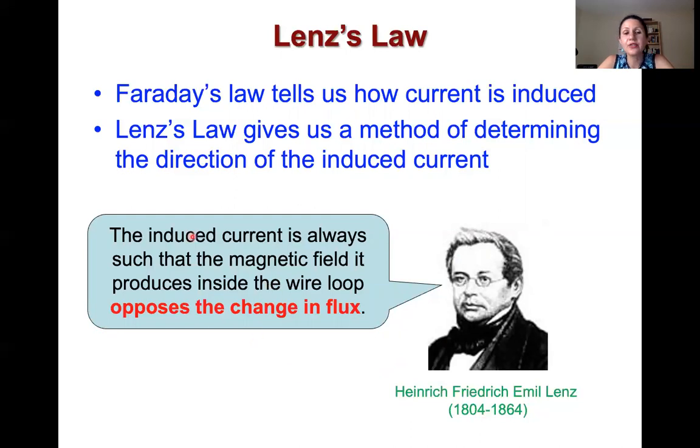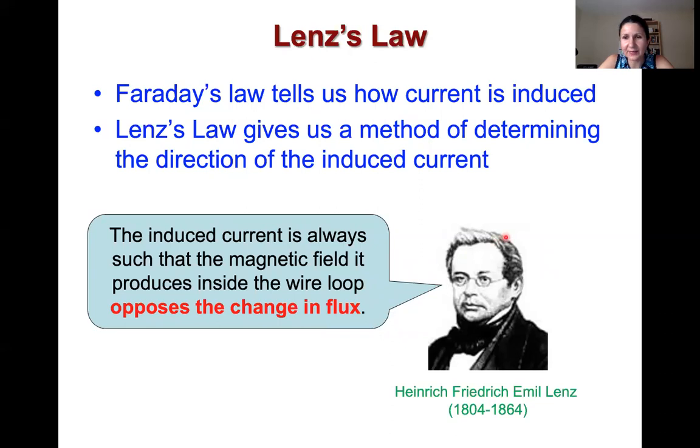He says that the induced current is always such that the magnetic field it produces inside that wire loop opposes the change in flux. Because remember, you have an external magnetic field, it changes, it induces the current, and that induced current itself generates a magnetic field, in the direction which opposes that change.